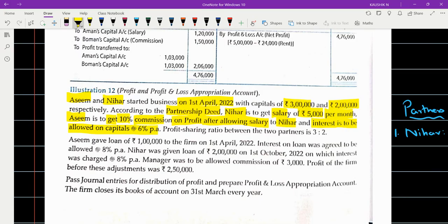So now it is clearly mentioned that Asim has to get 10% commission of profit after allowing salary. So we know what the salary is right now. After the salary, whatever is left over, on that we need to calculate the amount of commission payable to whom? Payable to a partner called Asim. Able to understand?